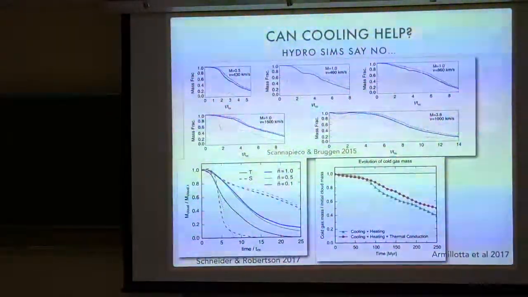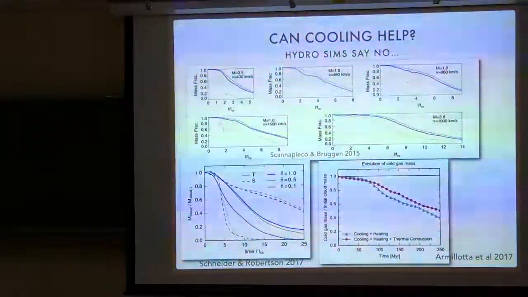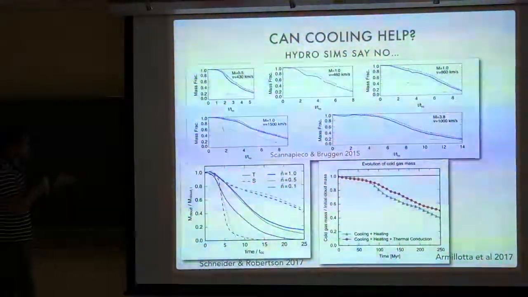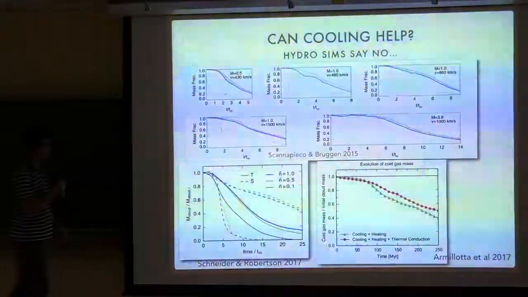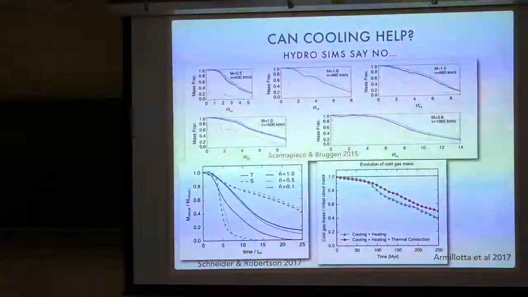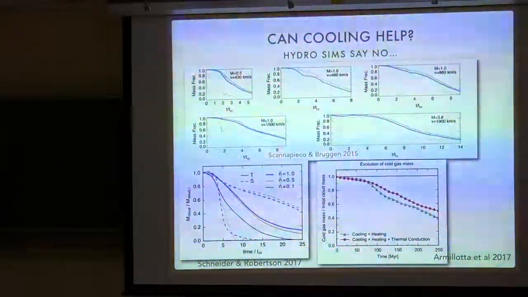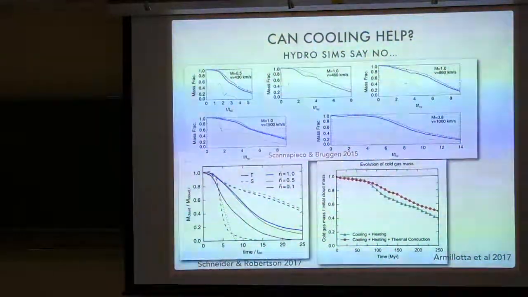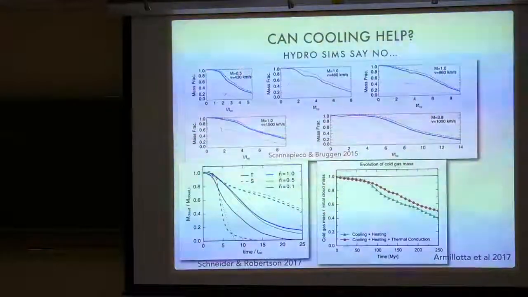But many recent detailed hydro simulations show that, well, it's not possible, right? So Evan talked about this yesterday, but they all show that cooling could potentially extend the lifetime of a cold cloud, but eventually it just Kelvin-Helmholtz mixes and gets destroyed.